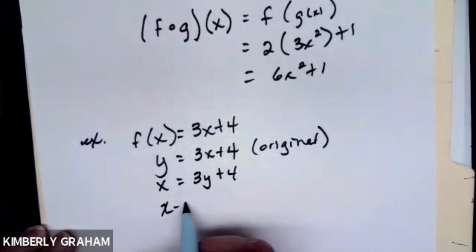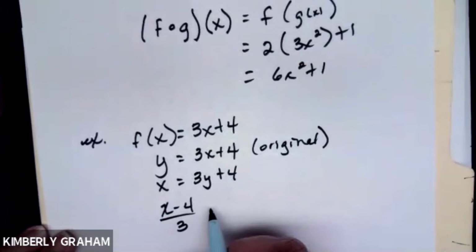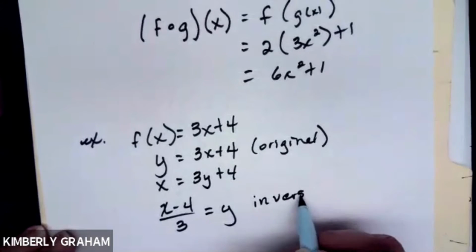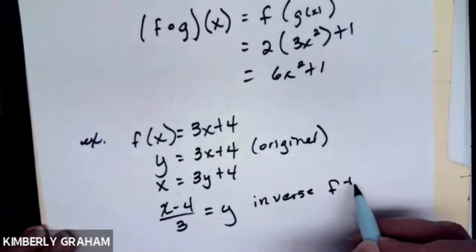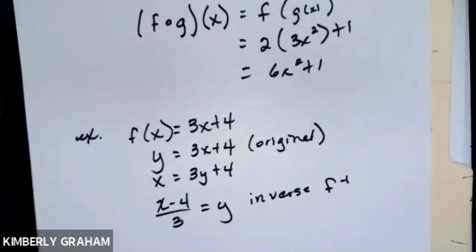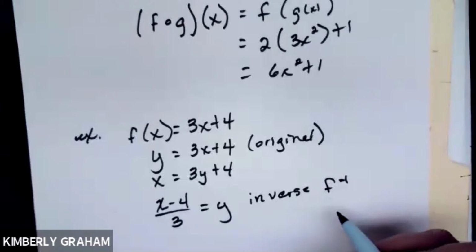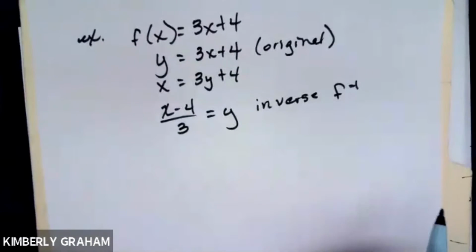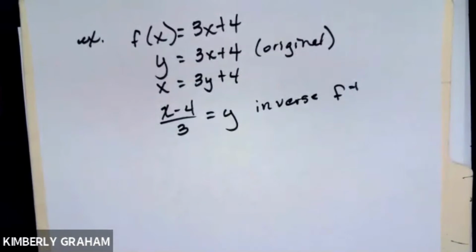So I get x minus 4 divided by 3 equals y, and that is the inverse function, or f negative 1, with what looks like an exponent negative 1. And I know that, and this is where I think our college textbook, or at least our course that we do in college algebra, is a little bit lacking.